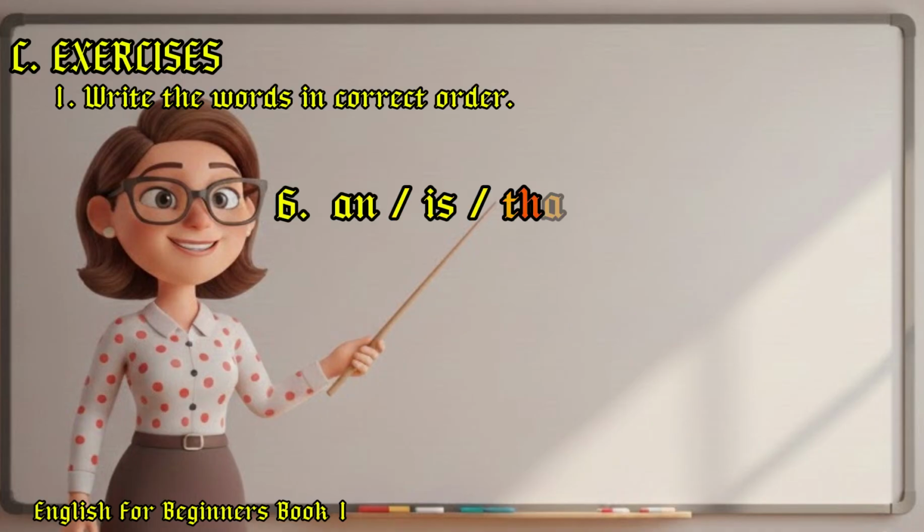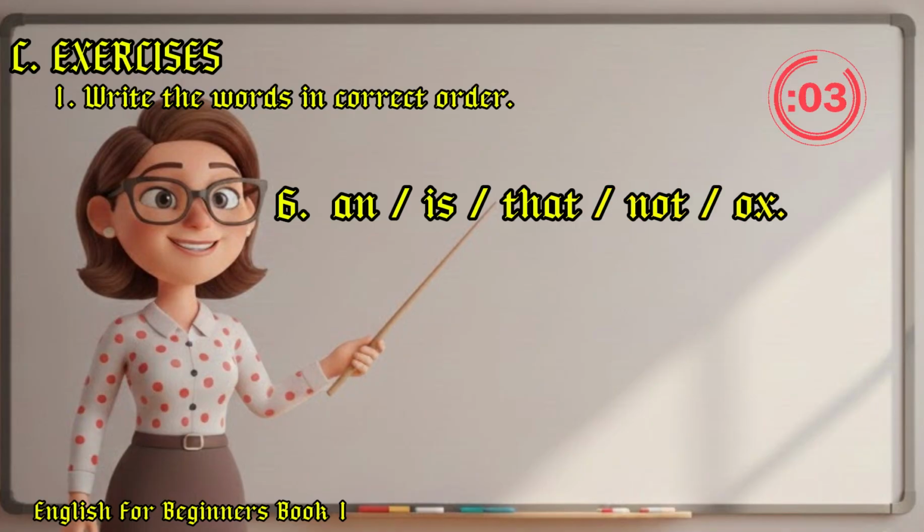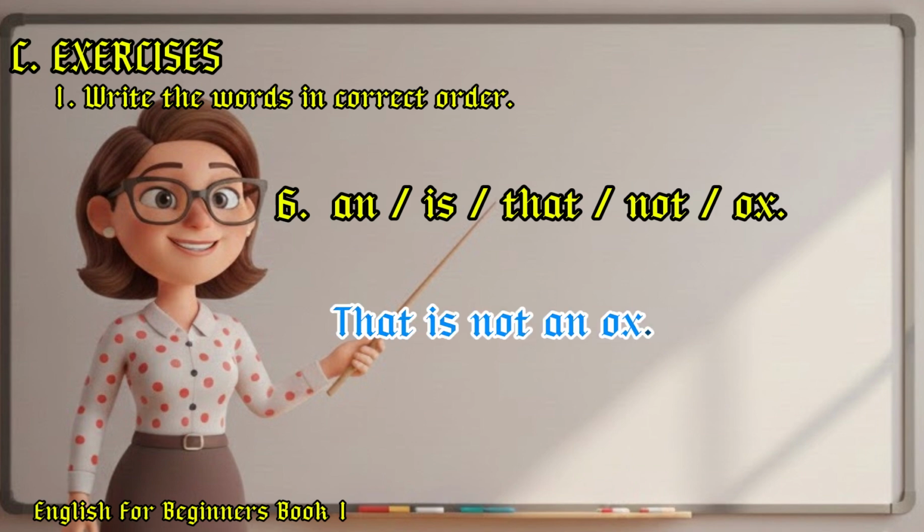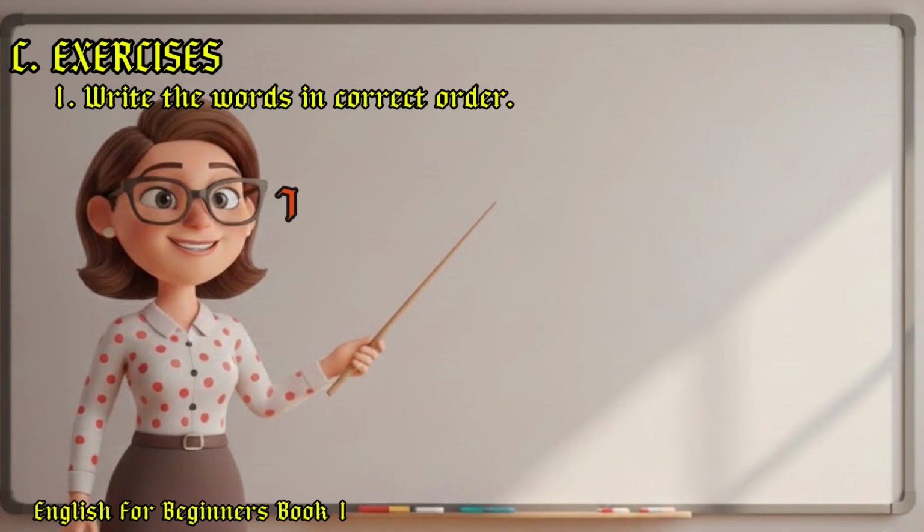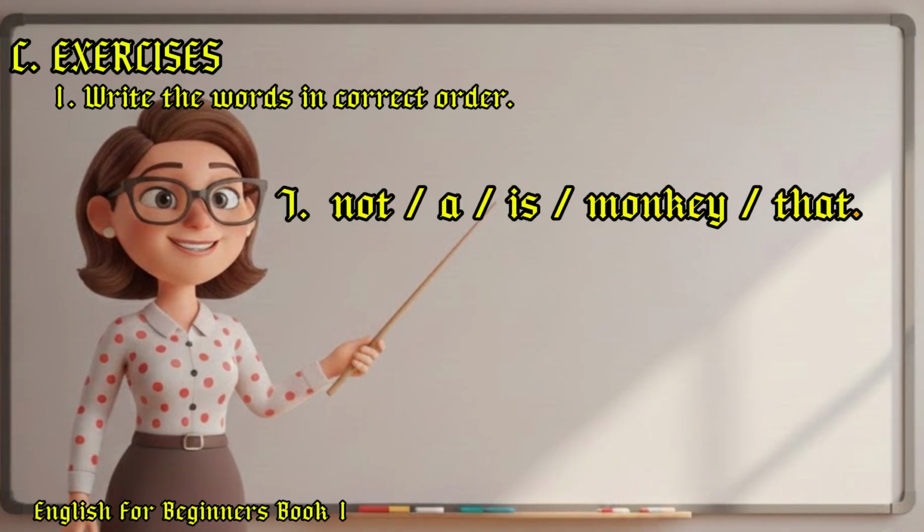An ox, that, not. That is not an ox. 7. Not a, is monkey, that. That is not a monkey.